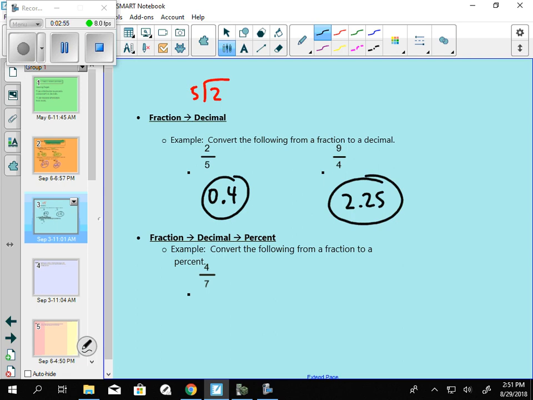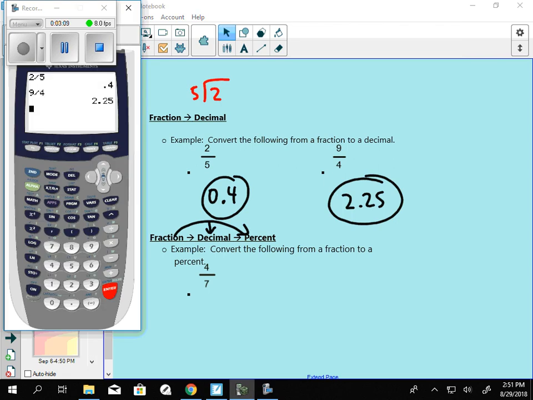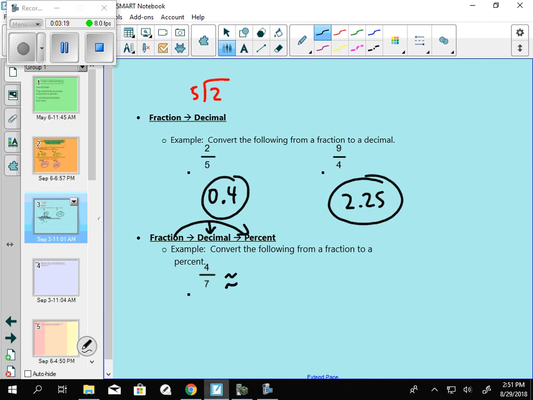Okay, now if we want to take a fraction and go to a percentage, we want to use decimals as an in-between. So like we just did in those last 2 examples, if we want to take 4/7 and ultimately change that to a percentage, we want to use decimals as an in-between. So take 4 divided by 7, figure out what the decimal approximation is. So this is approximately, it's not exactly.